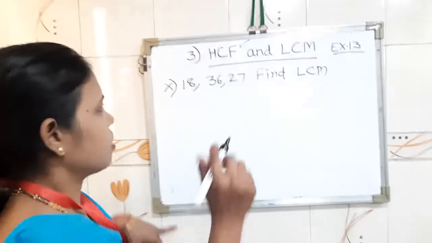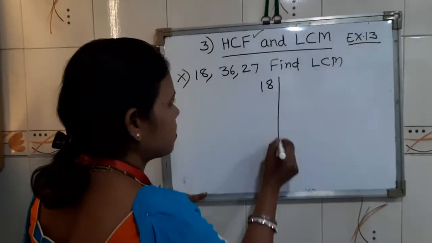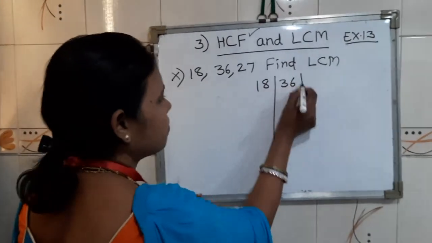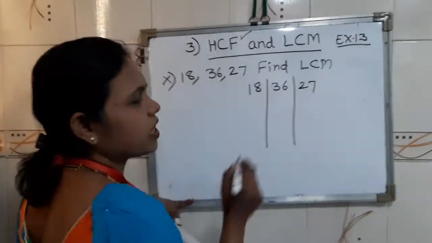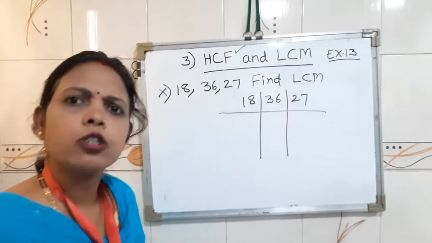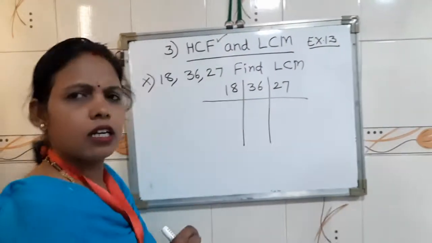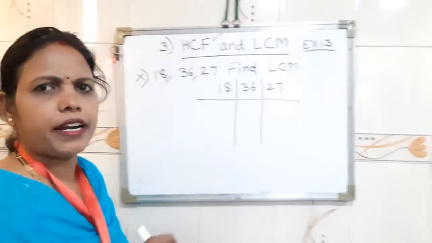So children, in the same way, write down 18, 36, 27 in your column. Next, you are going to see by which number all three given numbers will divide.